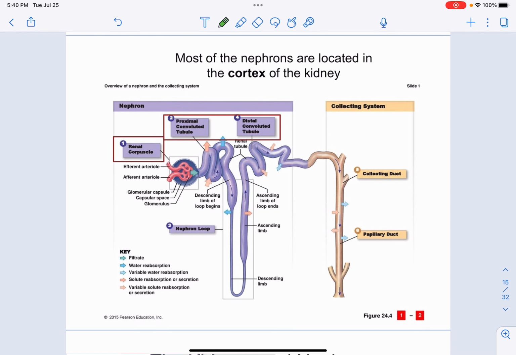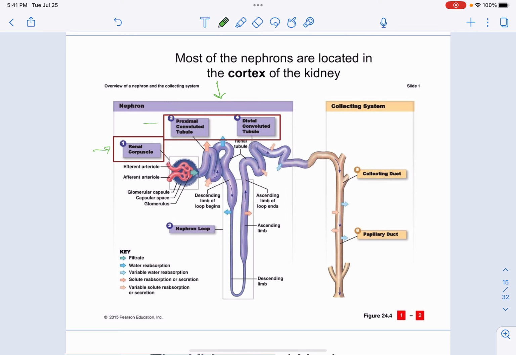All right, so we're going to start talking about the nephron and the collecting system. I'm going to break it up into parts and work through this diagram. Here is the nephron in purple, and there are 3 distinct regions that make up the nephron: the renal corpuscle, which is here, and then a tubule system.